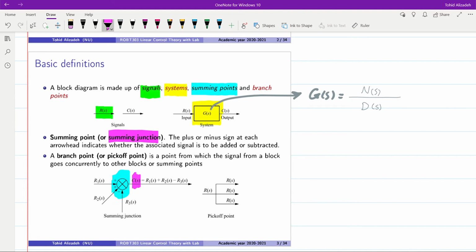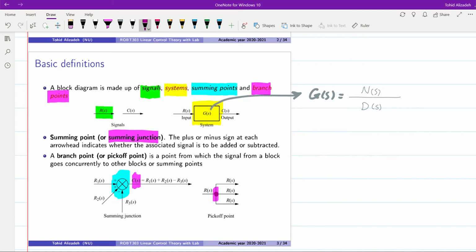And the next one is called the branch point. You can see the branch point over here. So let's say that we have a point here. We call it branch point or pickoff point.